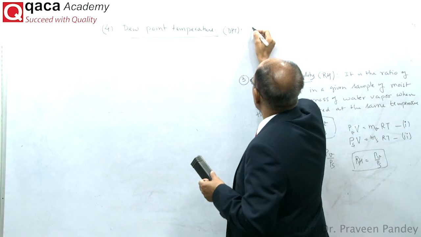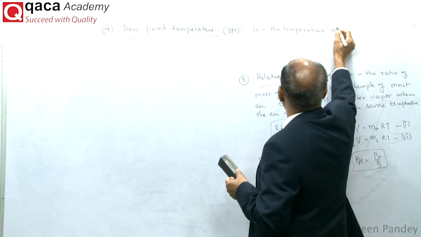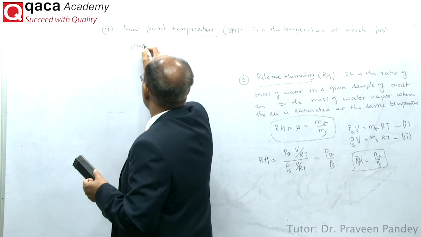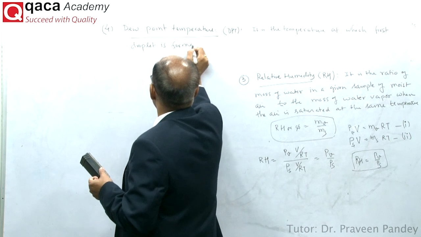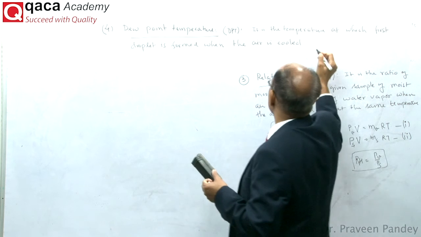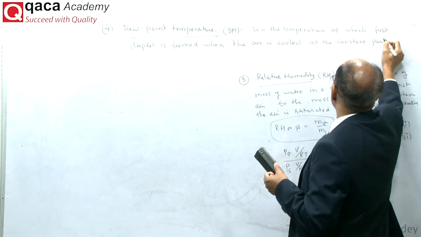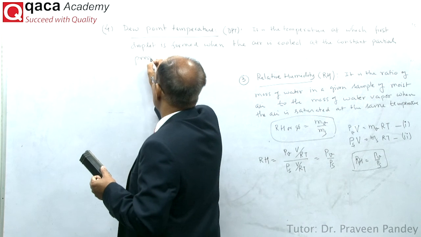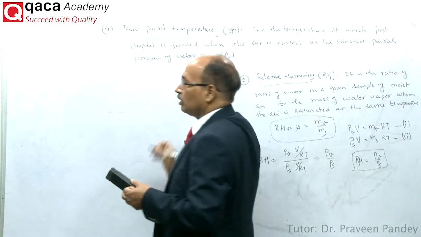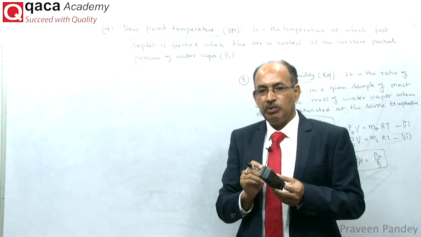So, dew point temperature is the temperature at which the first droplet is formed when the air is cooled at the constant partial pressure of water vapor, P V. So, this means the air is cooled while keeping P V, the partial pressure of water vapor in the sample, constant.